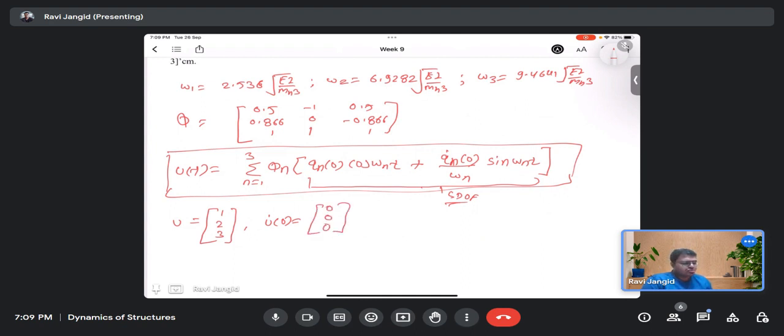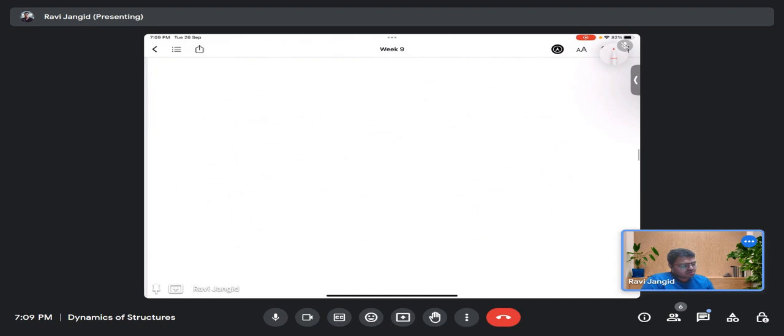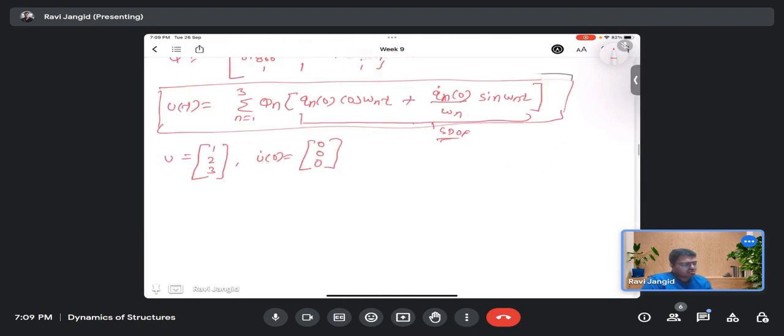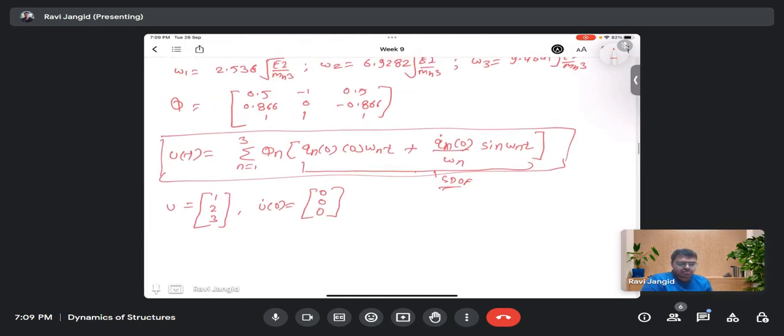Okay. So can you give me q1 0, q2 0? How do we find out q1? Phi 1 transpose M, yes, u of 0, and then divided by phi 1 transpose M phi 1. Yes, nice.